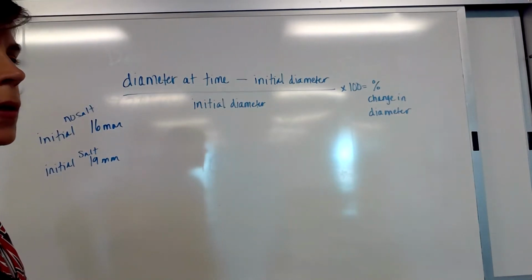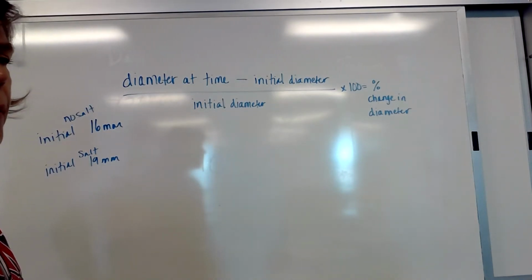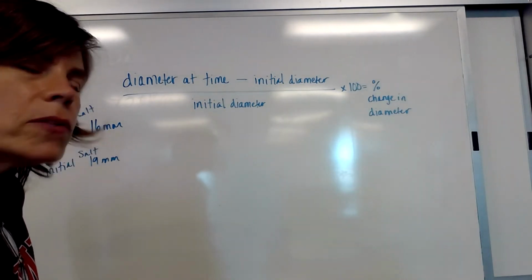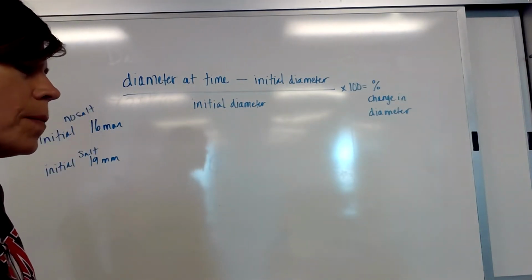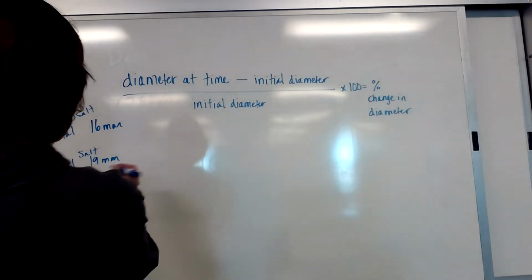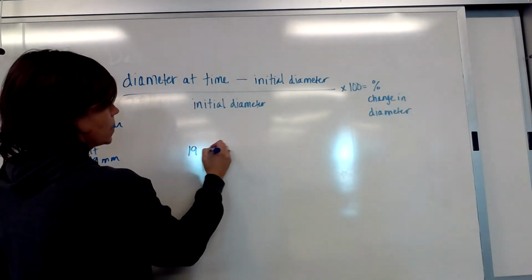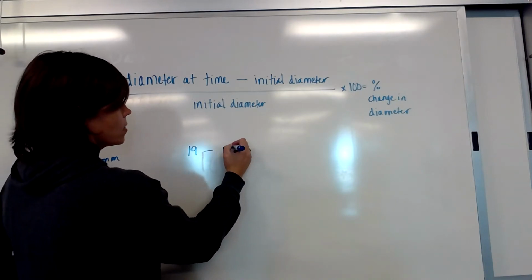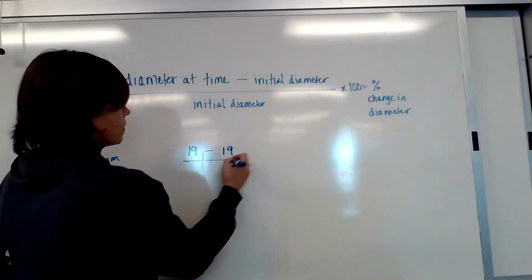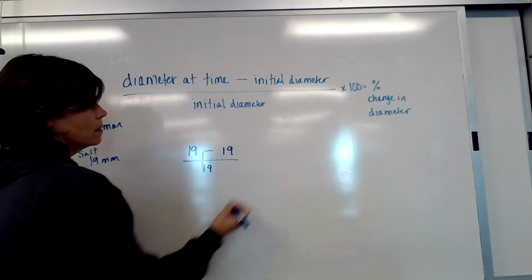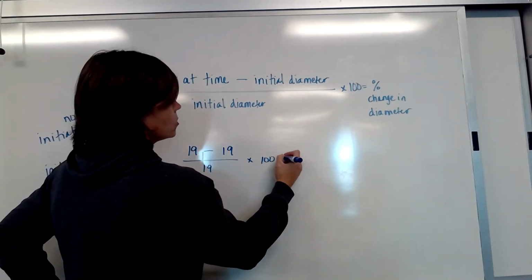Now I need to calculate the percent change in diameter at the very start. And so I'm going to take, for my cube that was sitting in the salt, its diameter at time 0, which was 19. I'm going to subtract from that the initial diameter, which is 19, divide that by 19, and multiply that answer by 100.